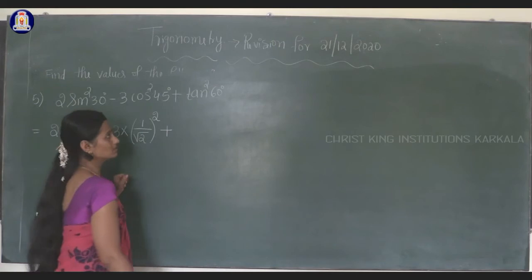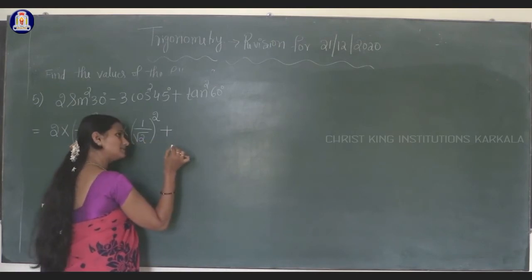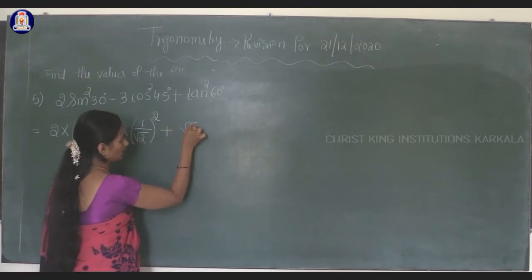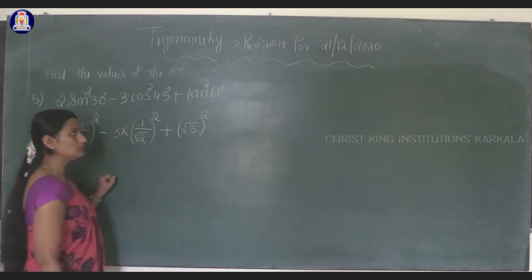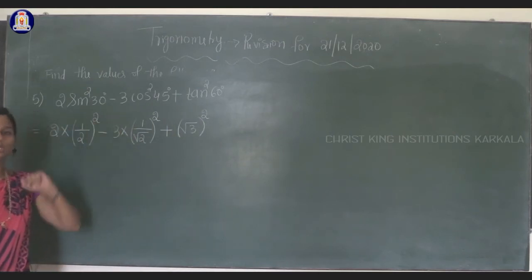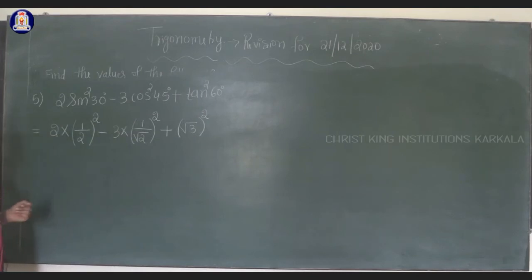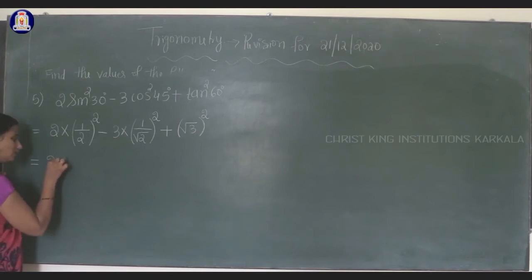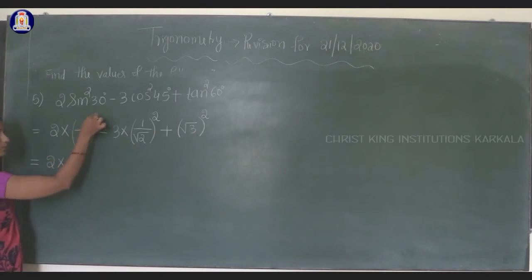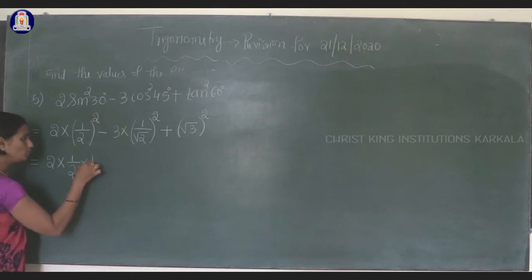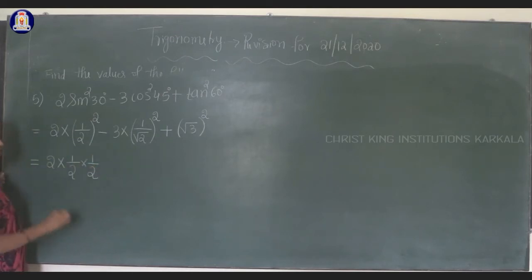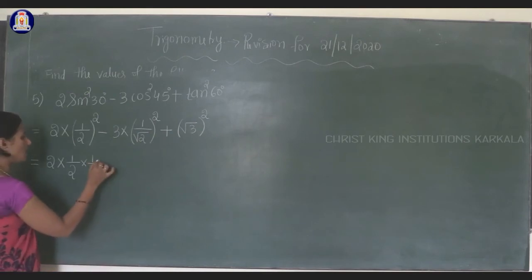So what is the value of tan 60? Root 3, correct? So tan square is root 3 whole square. Now this is 2 into 1 by 2 whole square, which can be written as 1 by 2 into 1 by 2. Clear? Yes.